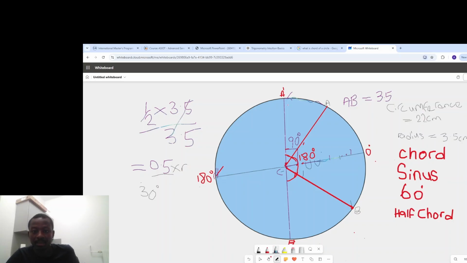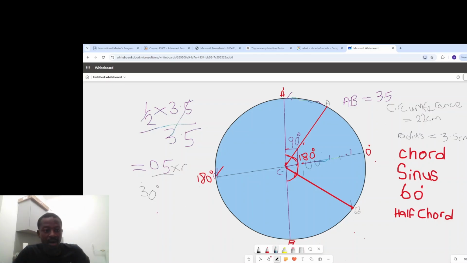The length of this now is from the center to the point. That's the same as the radius. Now our chord is now the diameter, and half of it is our radius.